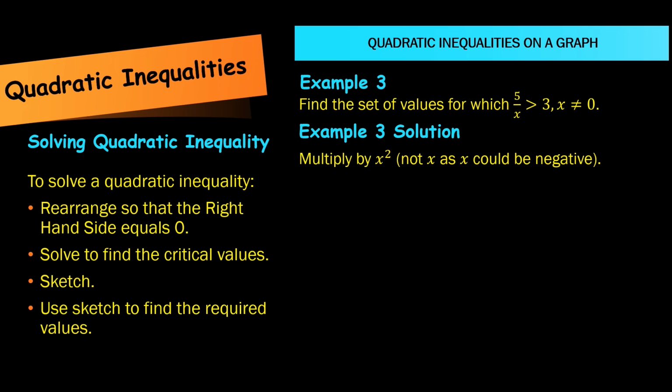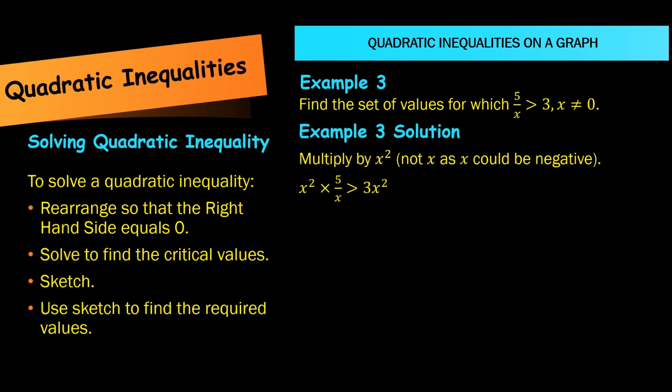Let's begin by multiplying by x squared. And that's specifically x squared, not x, because x could be negative, and that will be problematic in that we will have to turn the inequality the other way around if it is. And if it's not, then the other case will hold. So that's why it's easier simply to multiply by x squared rather than x.